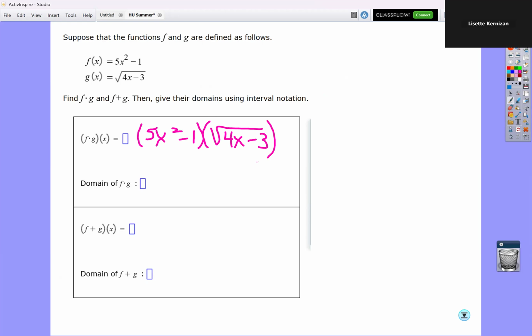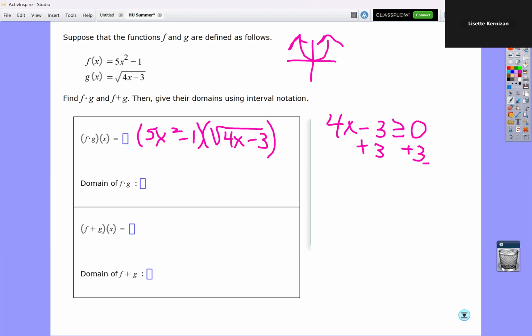There are two different types of functions. The first part is quadratic and it is squared. Remember that quadratics look like this. But this graph right here gives us a restriction. Whenever we have square roots, we always want whatever's underneath the square root to be greater than or equal to 0. So I'm going to solve this.